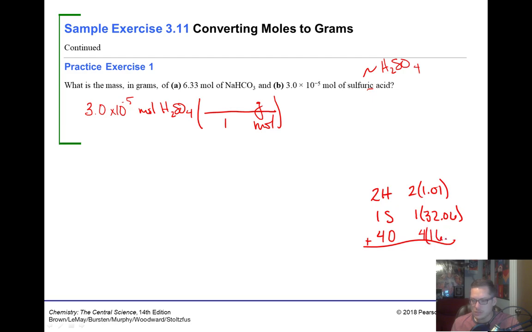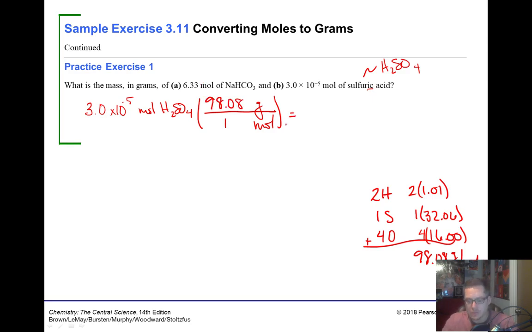But anyway, oxygen is 16.00. We add all those up: 2 times 1.01 plus 32.06 plus 4 times 16. I get 98.08 grams per mole. So we throw the 98.08 up here.